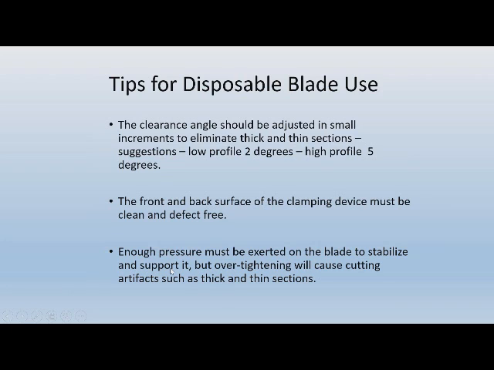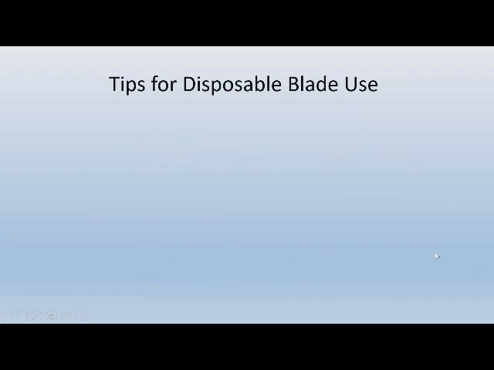On some of the older blade holders, there's a right screw and a left screw, so it's very easy to over-tighten one and under-tighten the other. And on the new ones that only have one place where you make the adjustments, you can still tighten that down so tight that you actually bend and bow the blade, especially low profile, and you can get cutting artifacts such as thick and thin sections.